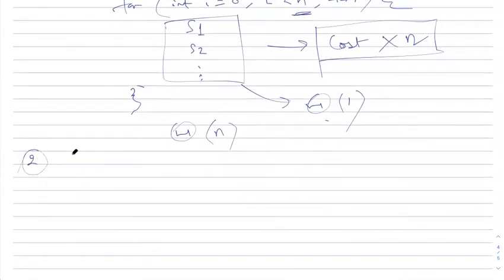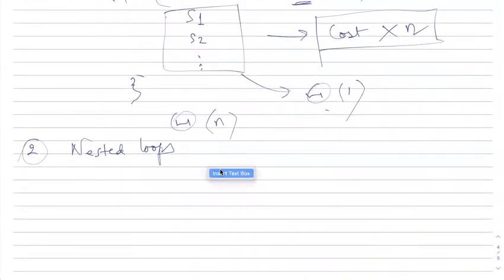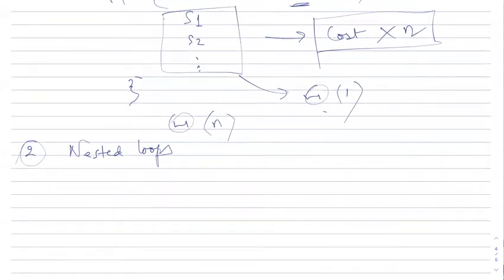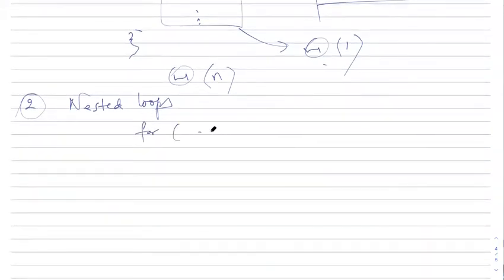Rule number two, please feel free to interrupt me if anything is not clear, okay? Nested loops. The nested loop situation is, you have a for loop running for, let's say, n times, then another for loop inside, which is running for m times, another for loop inside, which is running for p times, and then you have a bunch of statements here, right?